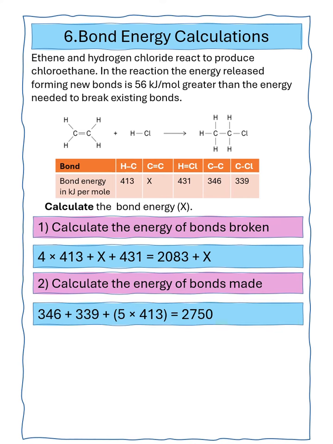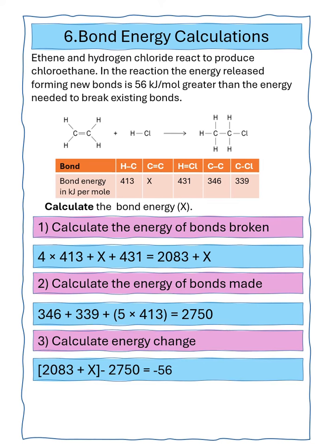So we know we've got a carbon to carbon, which is 346, we know we've got a carbon to chlorine, which is 339, and we've got 5 lots of carbon to hydrogen with an energy value of 413, giving a total energy value of 2750.